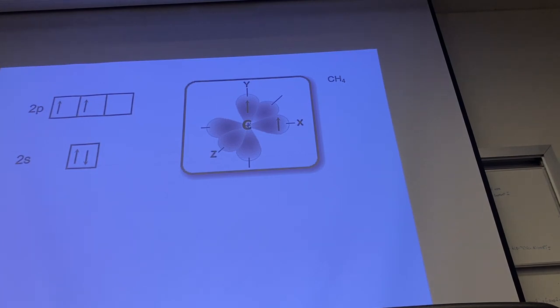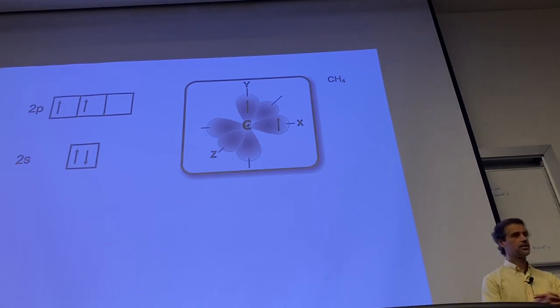For instance, I'd like to make a very simple molecule, methane, CH4. That means I have to put 4 hydrogen atoms onto this single carbon atom. That's it, CH4. And I'm going to ask myself, where am I going to put those hydrogens?